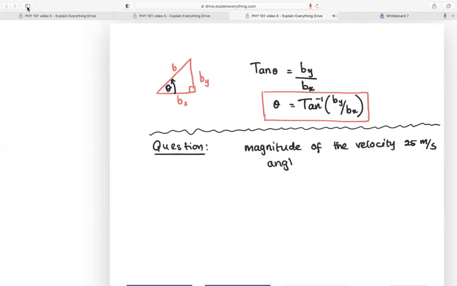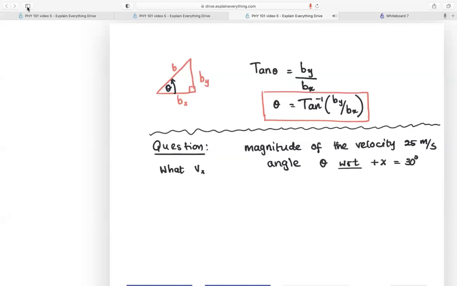In order to make the video short, I'm just writing down only the information that I need. And the angle theta with respect to, WRT means with respect to, the positive x-axis, I'm going to take it as 30 degrees.